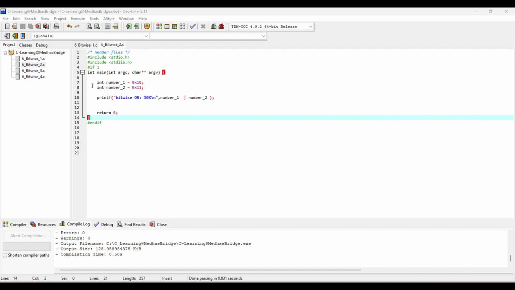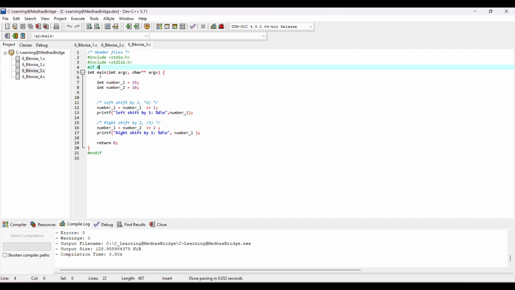Thank you. So now let's look at a third example. In the third example, what we are doing is left shift and right shift. You all must remember one thing: when we left shift by 1, the given number is multiplied by 2 to give the output. If a number is right shifted by 1, it is a division operation.